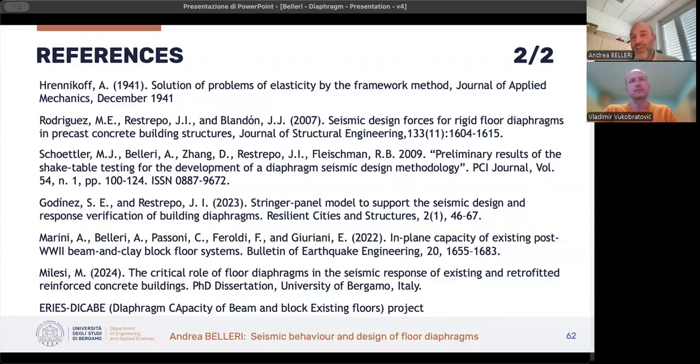The deep beam approximation doesn't always work, because it works well if you have simply supported conditions, with shear walls of the same length, and so the same stiffness, equally spanning all around. But if you have a complex geometry, it's not working anymore. So you need to go further with, let's say, strut and tie.